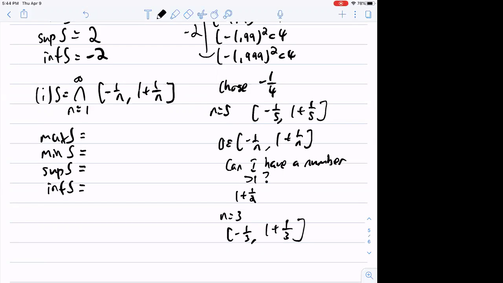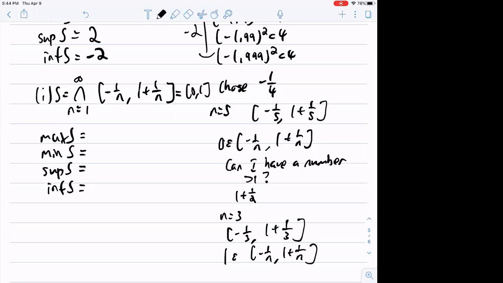The idea is that 1/n goes to 0. So can I have the number 1? Yes, I can, so 1 is in this interval. And finally, can I have any number between 0 and 1? Yes, that's certainly possible. So this is actually a shorthand notation for the interval [0, 1], just a fancy way to write the interval from 0 to 1.